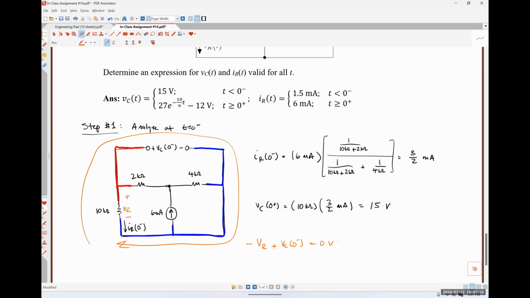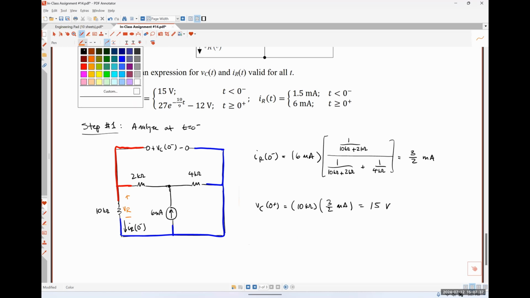And that gives us the exact same result. So also an absolutely reasonable way to do it. Thank you for that suggestion, Shay. Any other questions or anything about step one? Okay, step two.